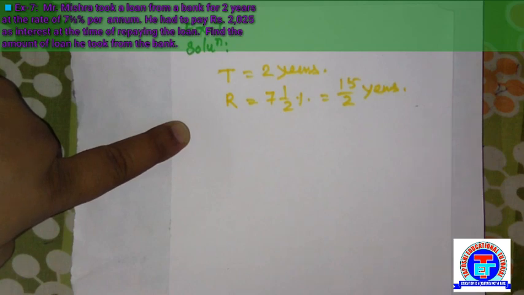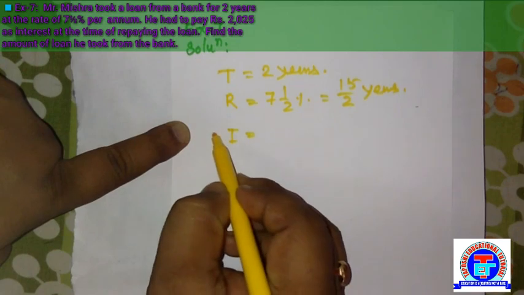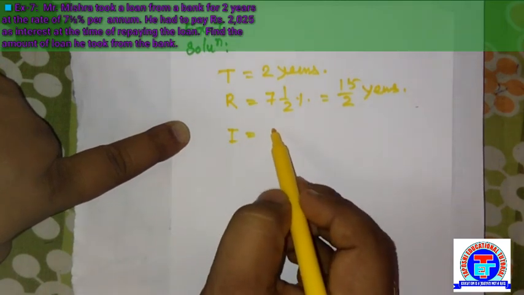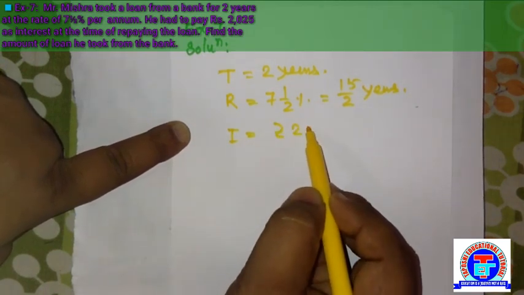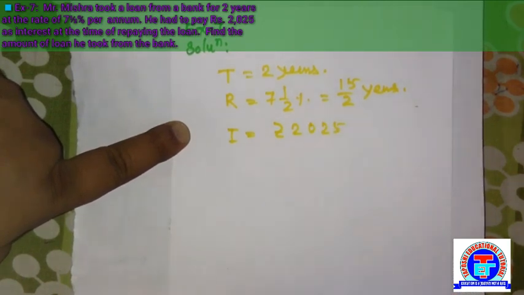Now the time given is 2 years, rate of interest 15/2% per annum, and interest I, that means simple interest I, is equal to rupees 2025, correct?